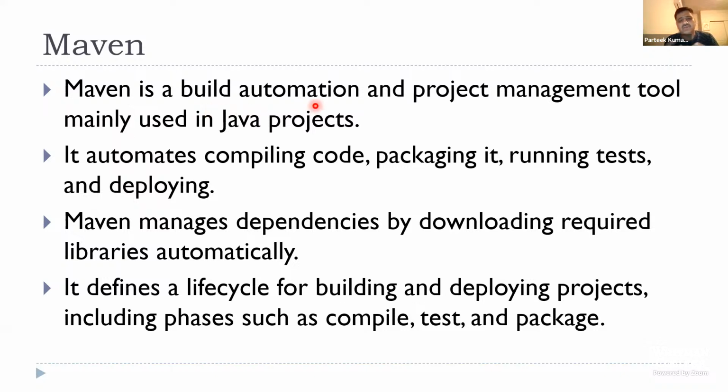Maven is a build automation and project management tool which supports Java projects. So it automates compiling, packaging, running tests and deploying. So Maven manages all the dependencies by downloading required libraries automatically. It defines the whole life cycle for building and deploying the project, including compilation, testing, and packaging. So Maven actually is a tool for simplifying the project management process. And the best thing is that it automatically downloads all required dependencies.